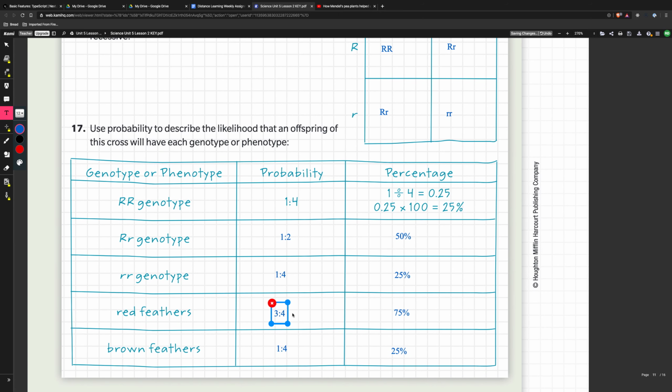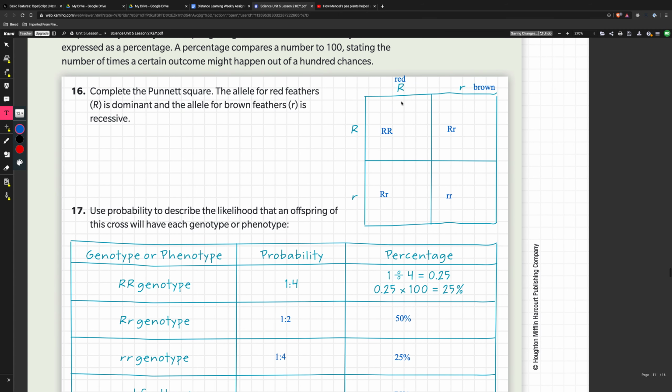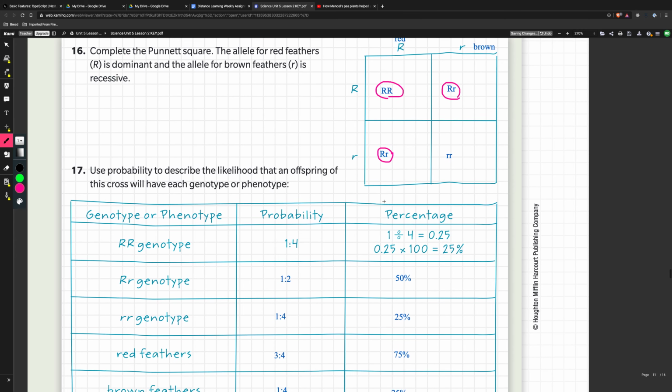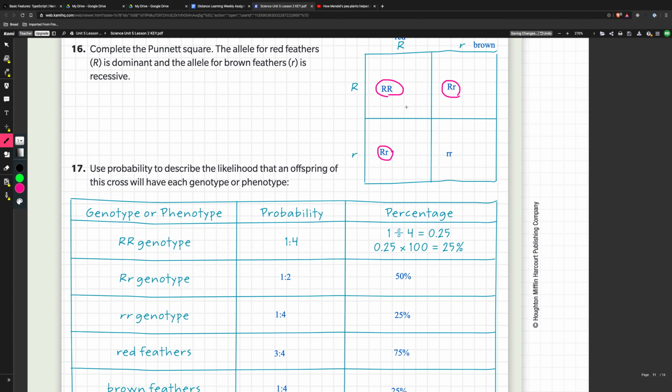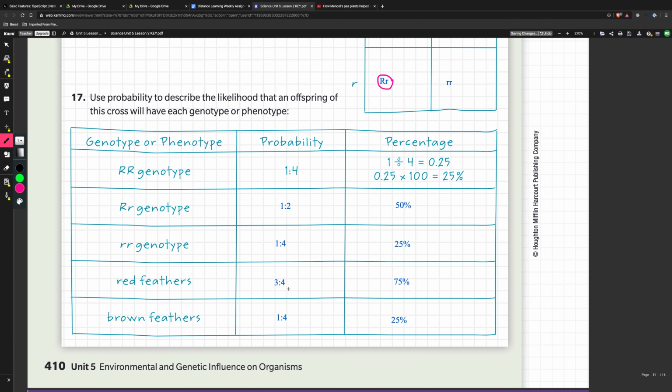So the red feathers, right? The red feathers were the dominant gene. And so when I look at this, this one's going to be red because it has a dominant. This one's going to be red because it has the dominant capital. And this one is going to have red feathers because it has the dominant capital R. So 3 out of the 4 of these end up with red feathers, 75%.